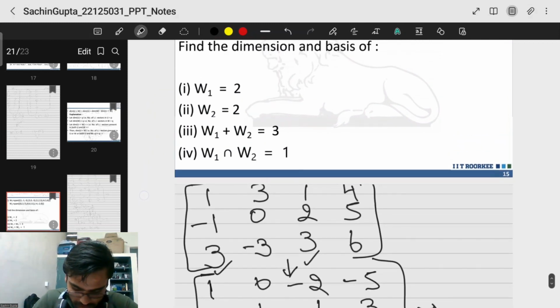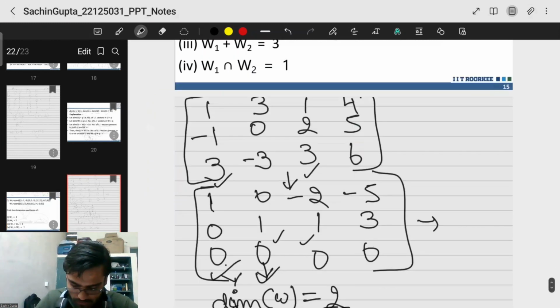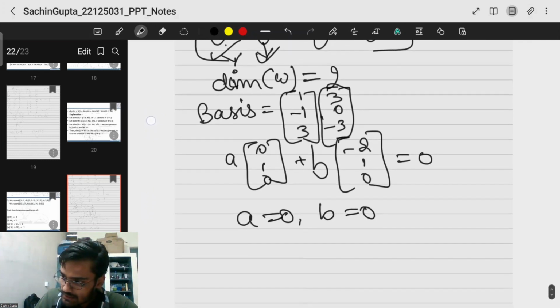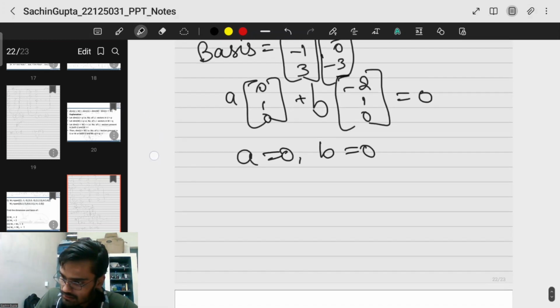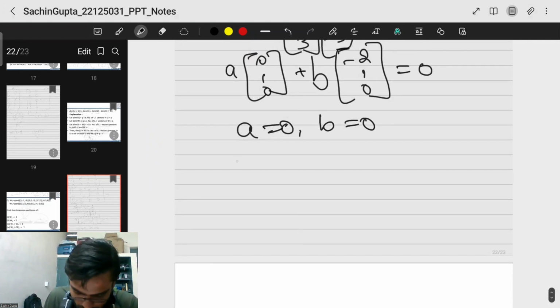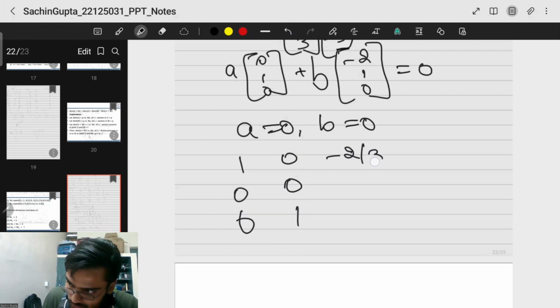Now we have to find this for W2. A similar procedure will be used. So dimension of W2 will come as, just a minute, by converting it into row reduced form, it will be first and third.